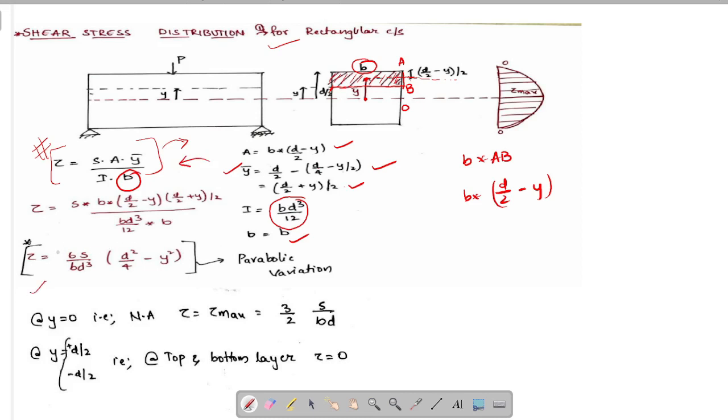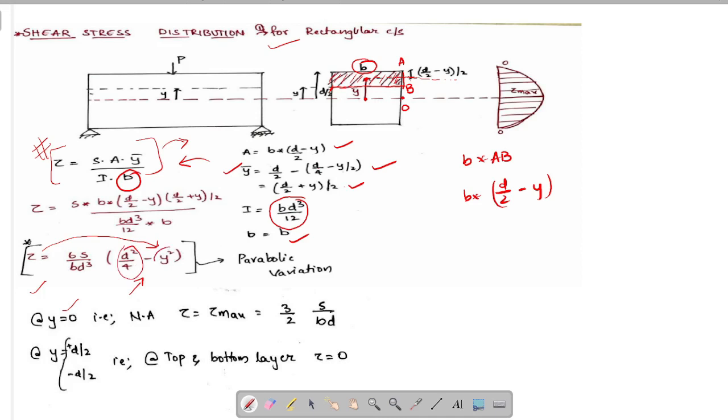Here there is a parabolic variation. From this we can observe that the shear stress distribution is a parabolic variation. Substituting y equals 0 in this equation, that is at the neutral axis, finding what the stress at the neutral axis is, we will be getting, see, we are subtracting y square from d square by 4.